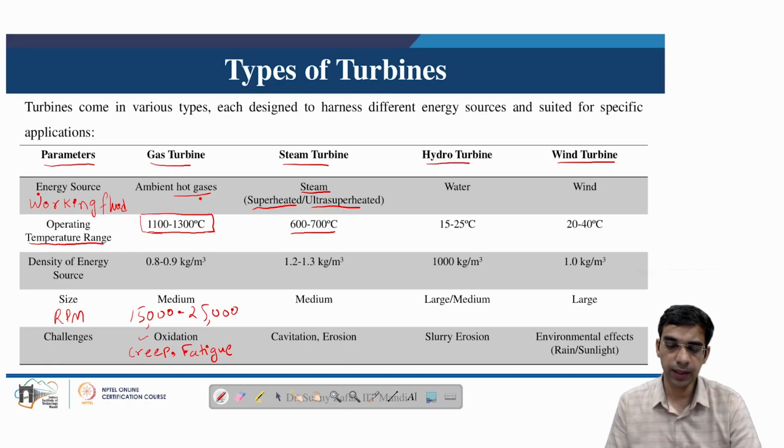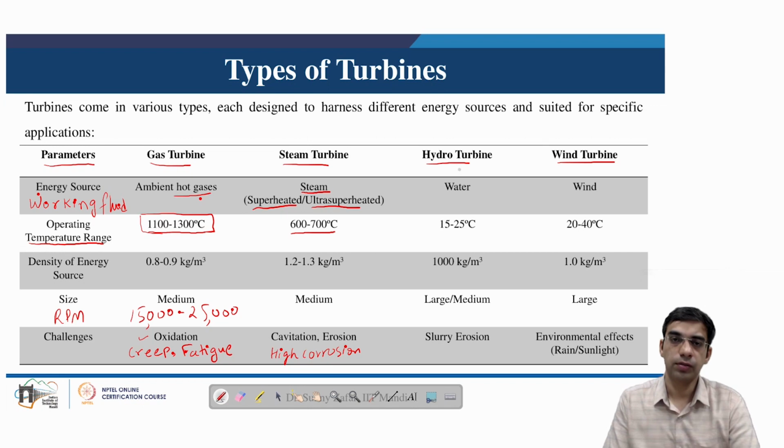These are medium to large turbines, but mostly medium turbines are used in the energy generation sector. Because of these specific working conditions, these turbines also experience cavitation, erosion, or maybe high temperature corrosion. So material selection has to be done for the steam turbine to overcome these challenges in its operation.